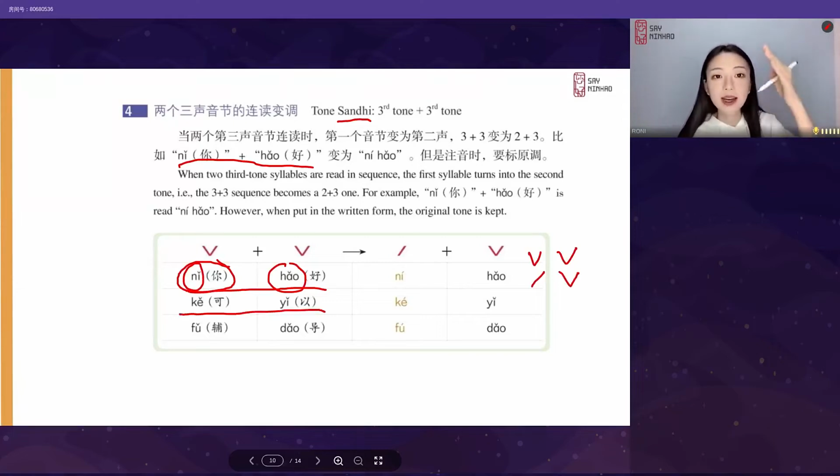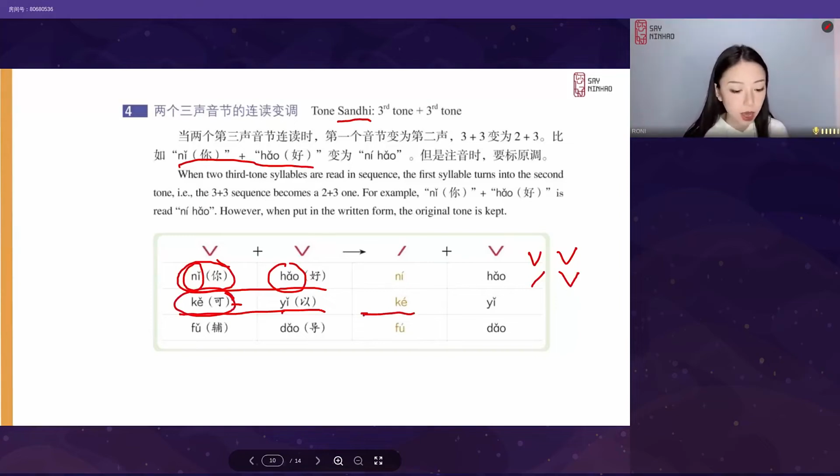It is 可以, two third tone words. And when we put these two characters together, 可以, it means be able to do something. So when we put them together, we should change the first one into second tone, right? So it becomes 可以, 可以. Read after me, please. 可以, 可以. Very good.